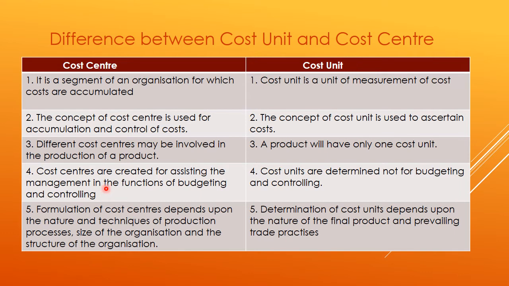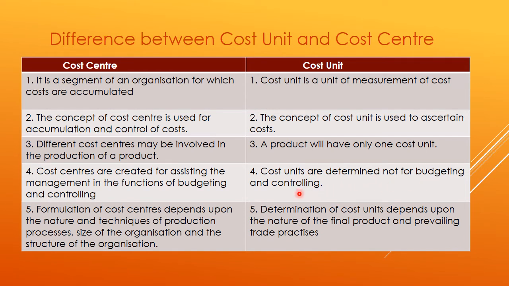They can budget the expense of each cost center, and by comparing the actuals to the budgets, we can bring control to that cost center. Cost units are determined not for budgeting and cost controlling. It is only for measuring the cost. It's not for budgeting or controlling.